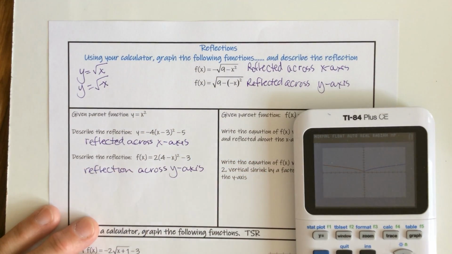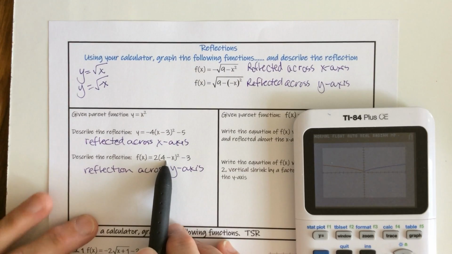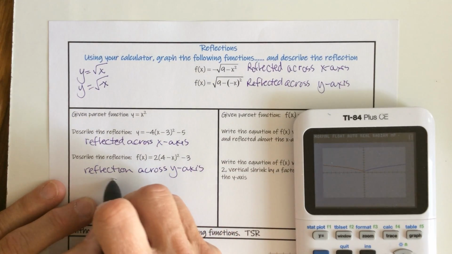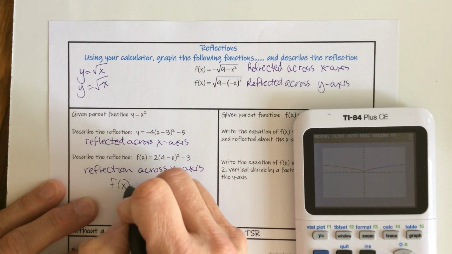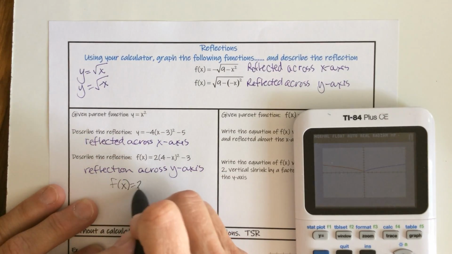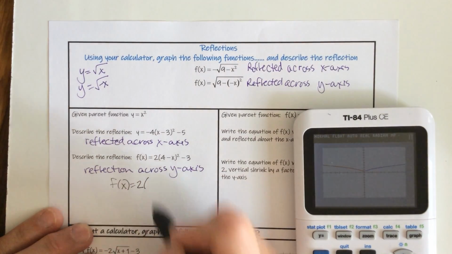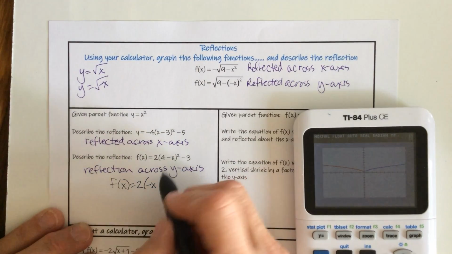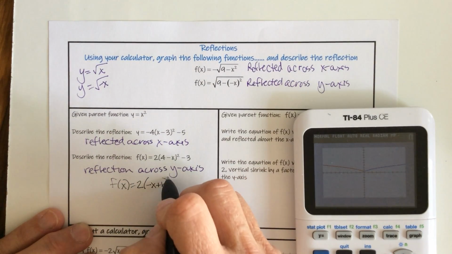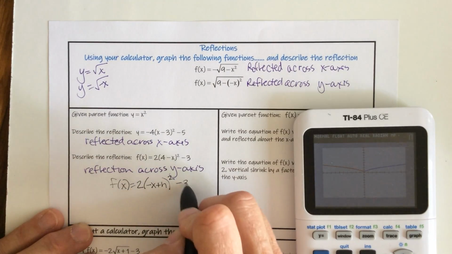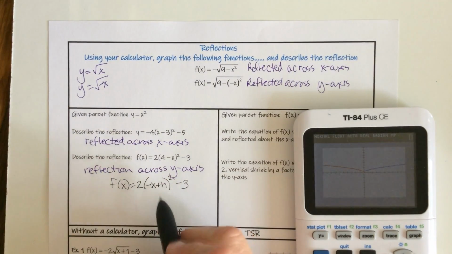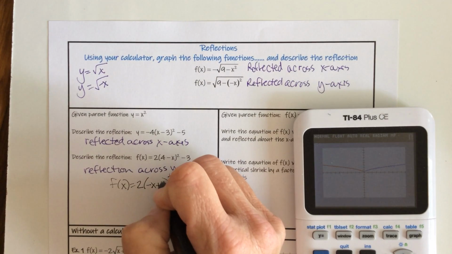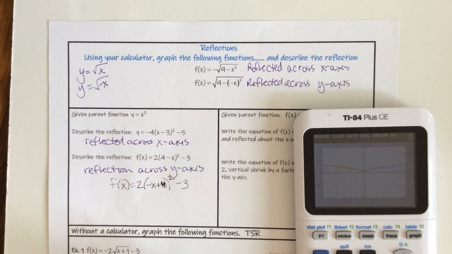Now, you might not like the way this looks, and if you wanted to rewrite this in the form y equals a, which is 2, times the absolute value of x, which is negative x, plus h squared minus 3. You might like that a little, well, that's not h, it's 4, sorry. So that should be a 4. So we could have it as negative x plus 4 squared minus 3.